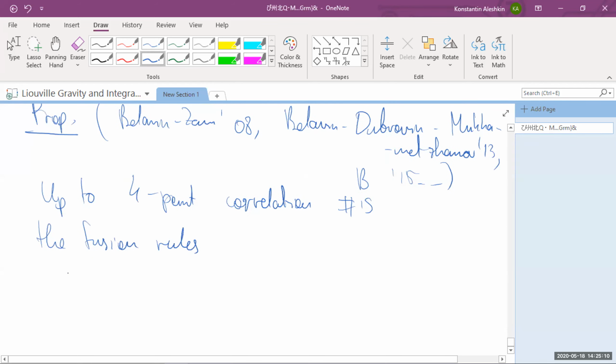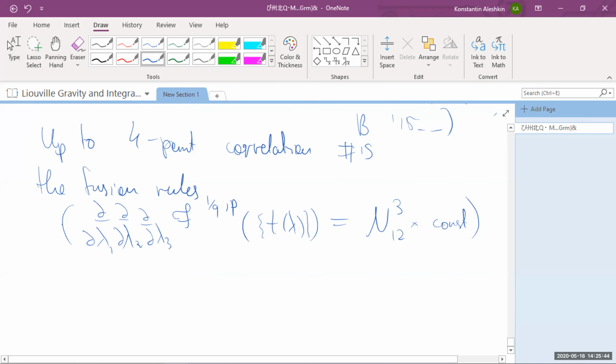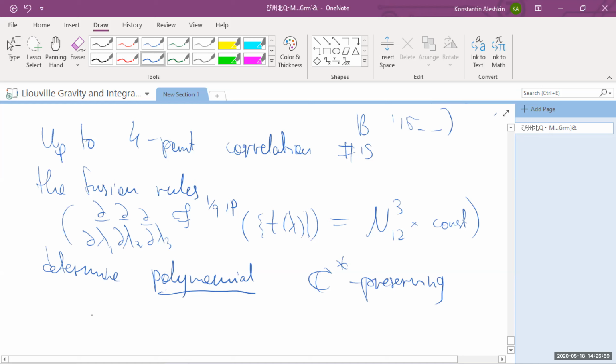So we take the topological gravity quantity F 1 over QP of T of lambda, and then we differentiate it with respect to lambda 3 times to get 3-point correlation numbers, for example. It should be proportional to the fusion rule. So the fusion rules determine a polynomial C* preserving coordinate change.